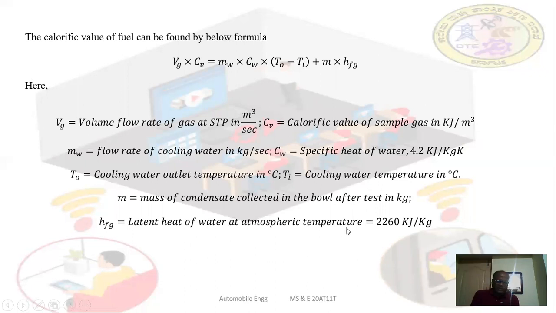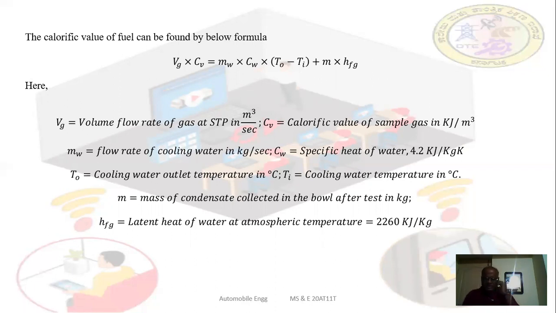at atmospheric temperature. In this context, what is latent heat? Latent heat means the amount of heat absorbed or liberated when a substance changes from one phase to the other phase. For example, if water changes from liquid to vapor, then some amount of heat will be absorbed by the water.